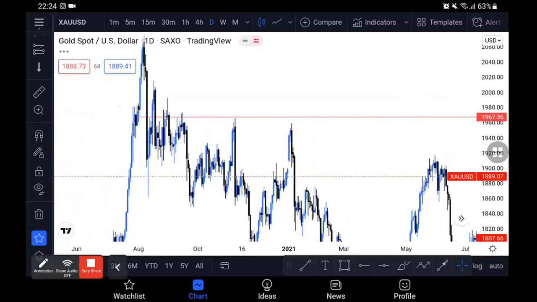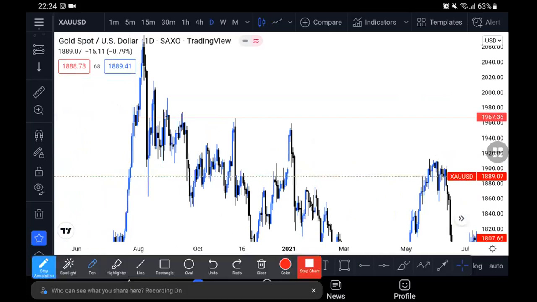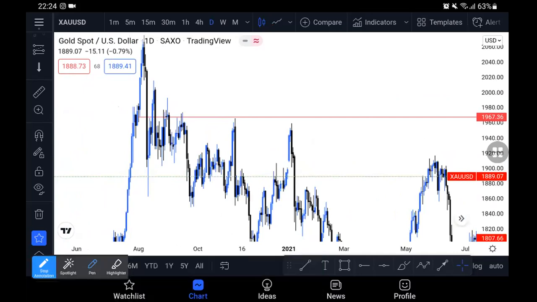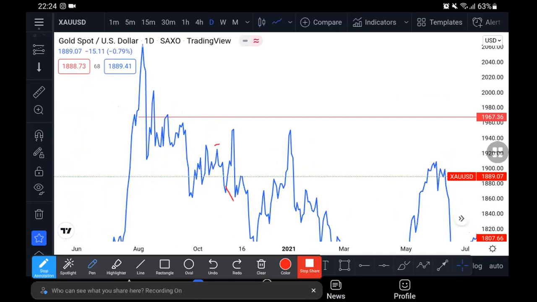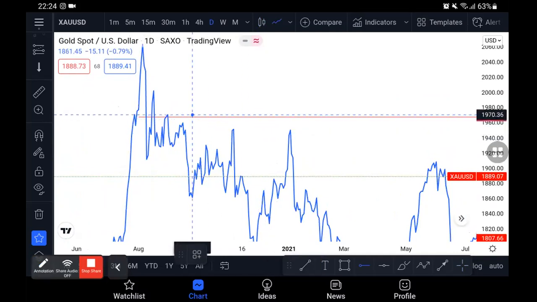So this is how some people get the entry, something like this. They have the origin, the key level at monthly closing, and then they refine it with the daily key level.